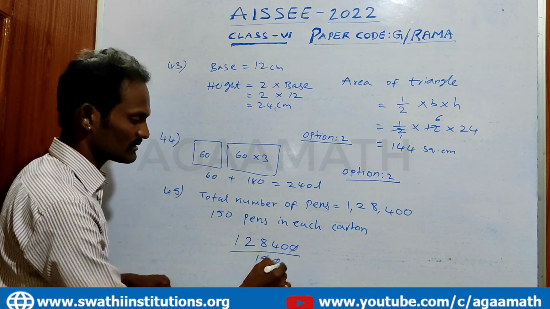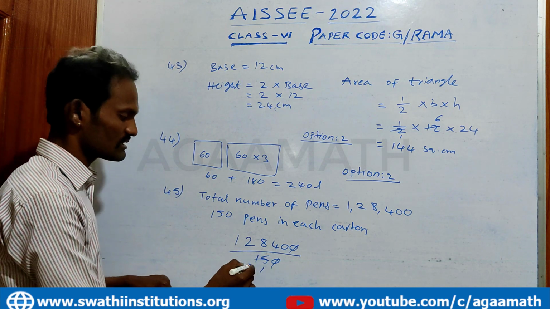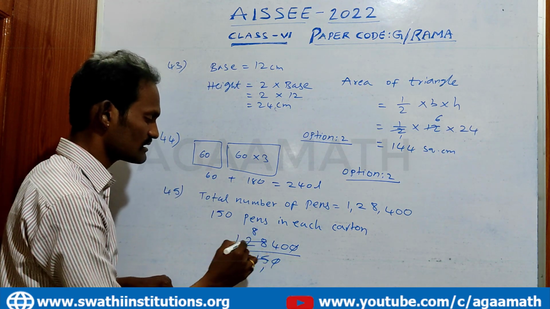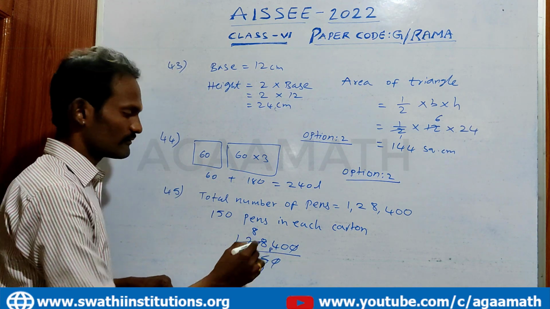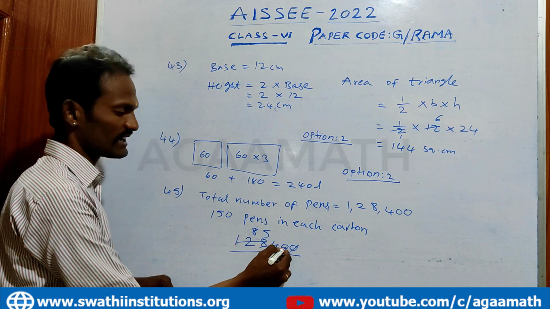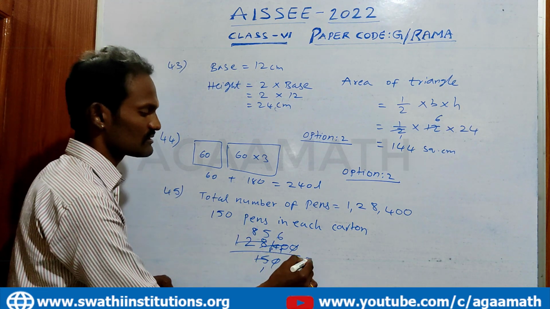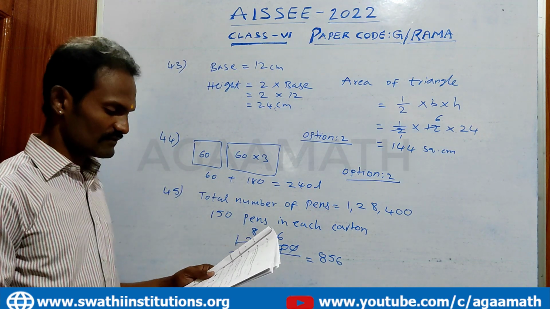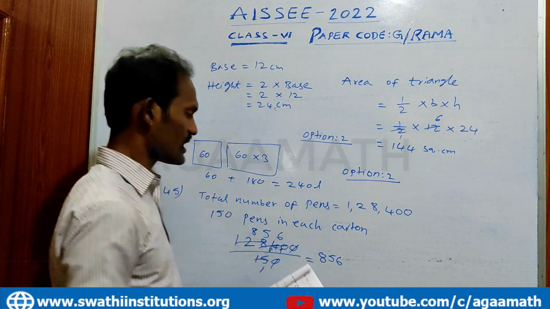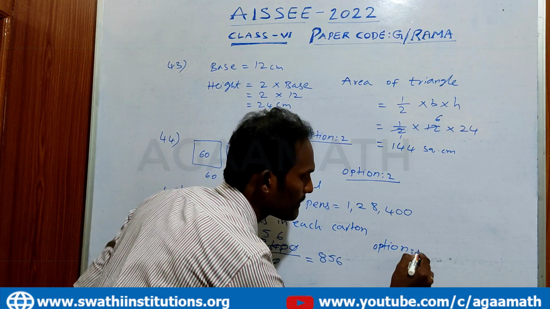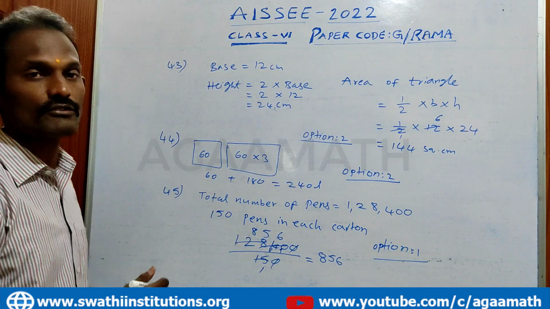Now 15 ones, 15 8s, 120, 8 remains, 15 5s, 75. So 9 remains, 90, that becomes 15 6. So that is 856. So 856 cartons are needed, that is option 1. So option 1 is the right answer for question number 45.